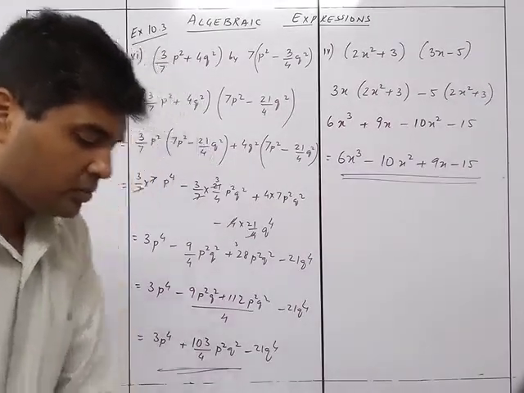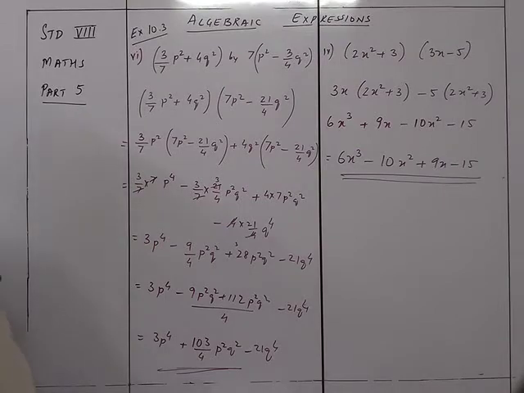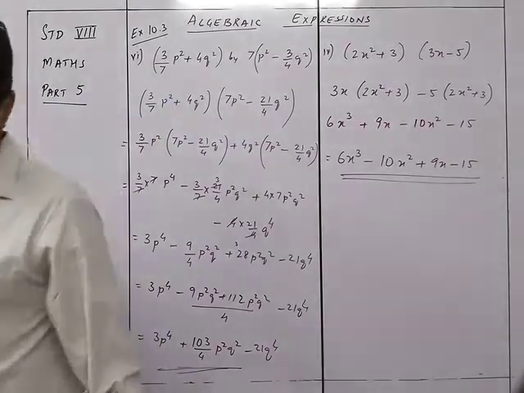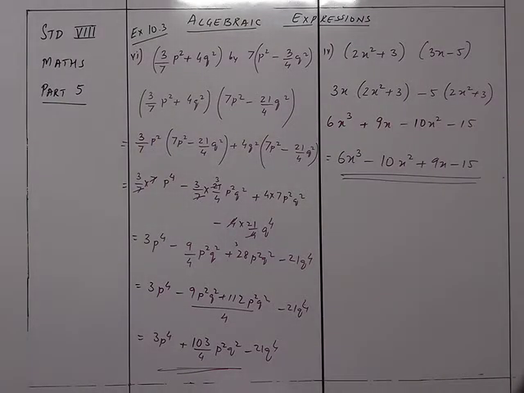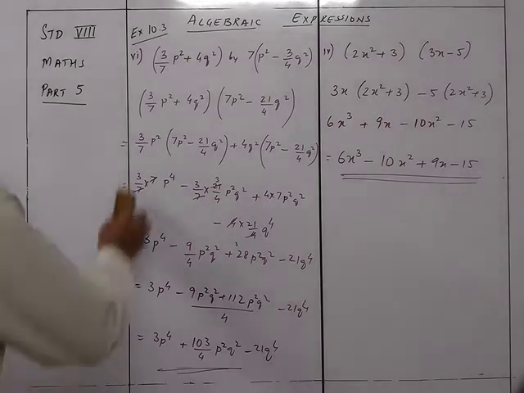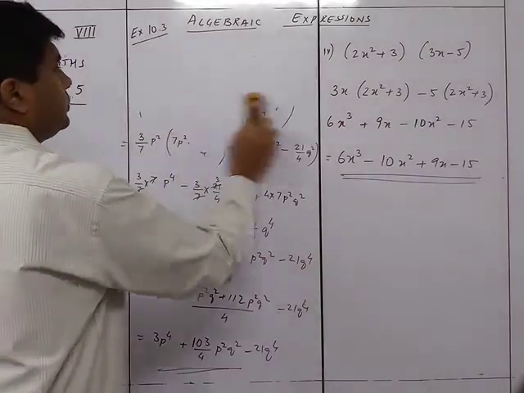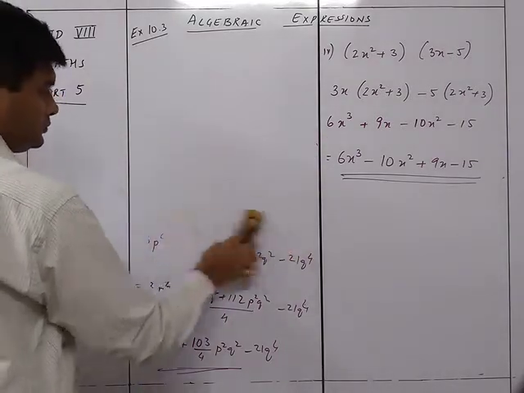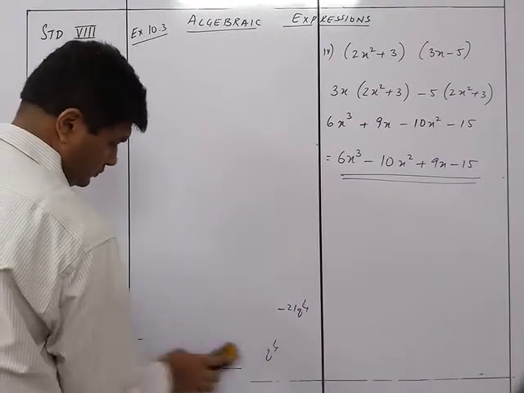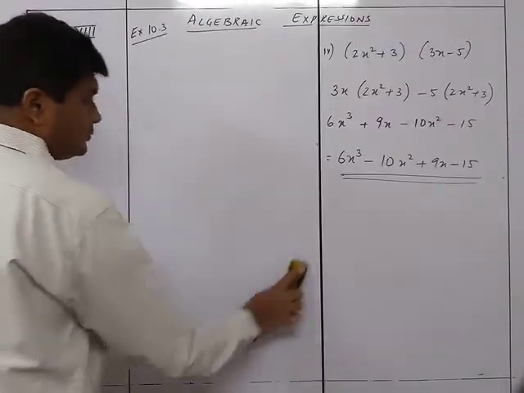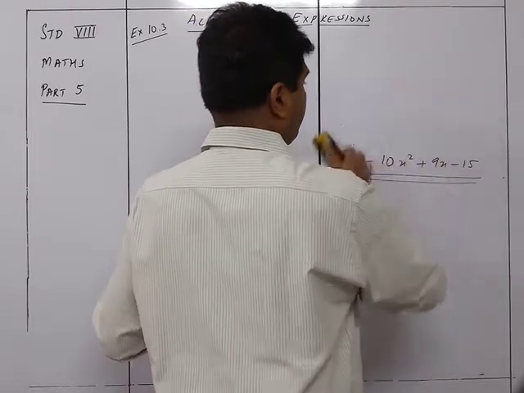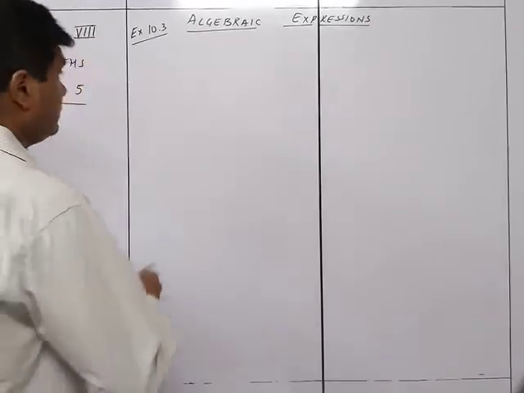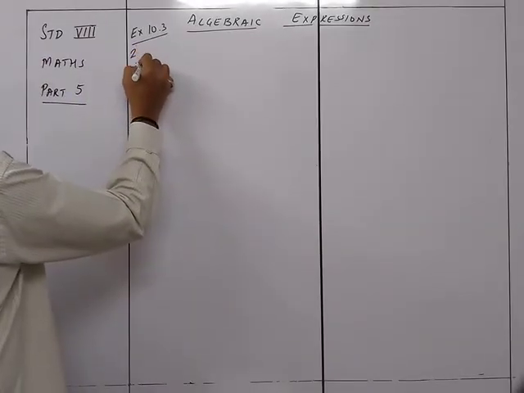We now move on to the second part, which is a multiplication of trinomial with a binomial. Question number 2 ka second.